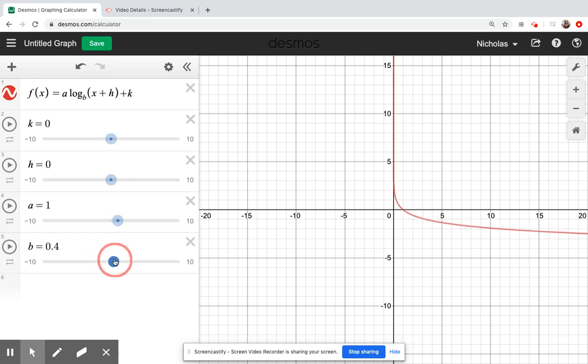It also can't be 1 either. It can be between 0 and 1, or it can be above 1. If B is bigger than 1, it's normal, starts at the bottom and comes up. If B is a decimal between 0 and 1, then it starts at the top and comes down.